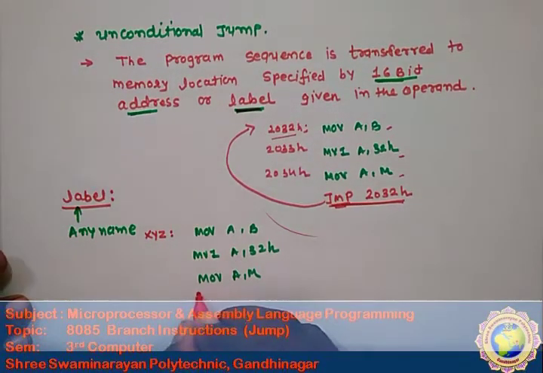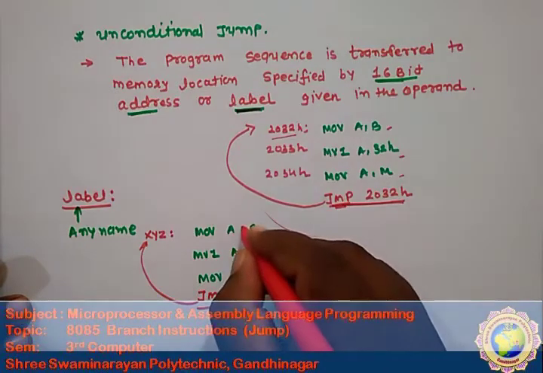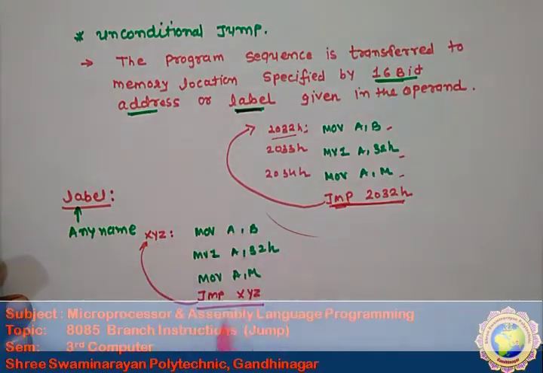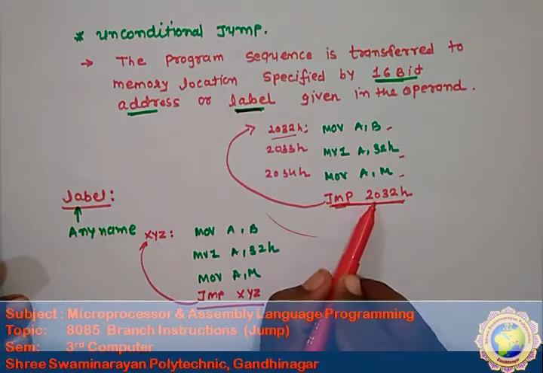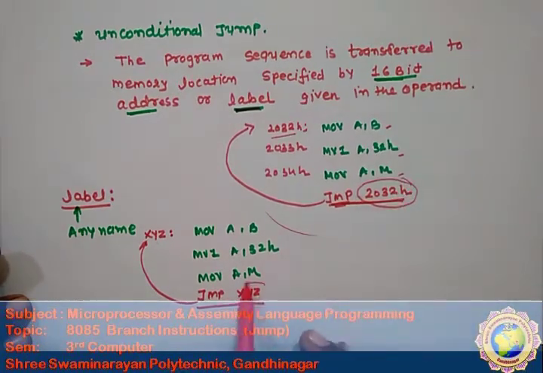Now I write here JMP XYZ. So whenever this instruction comes, the control is transferred to this XYZ and starts the execution from this XYZ label. Here we are using address, here we are using label.